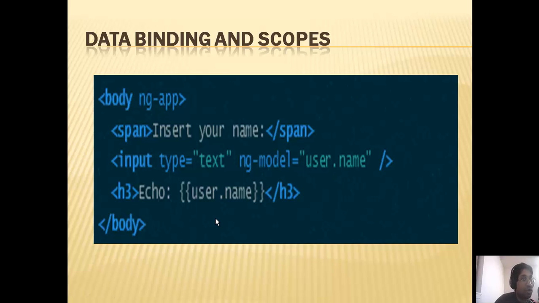If you want a particular section of your HTML page to act as an Angular application, you can use ng-app to bind that section only. The rest can work as your regular application, but only the portion that is under ng-app will work as an Angular application.